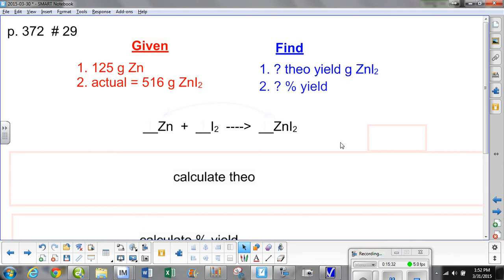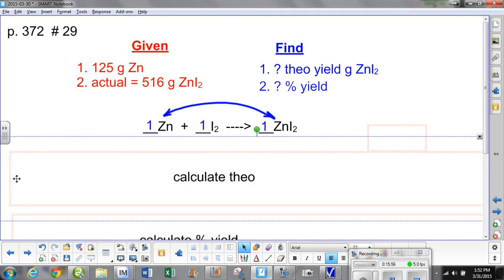Okay, that's zinc iodide. And when you balance this, the coefficients worked out really nice. And that, of course, is your mole ratio that you're going to use to do your calculation. And you're usually in the third fraction.